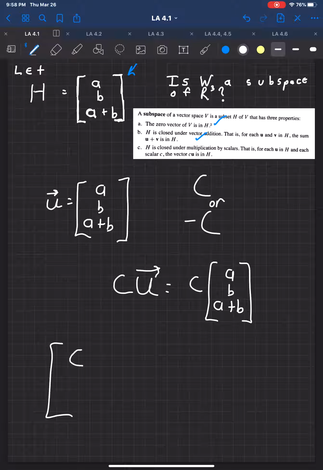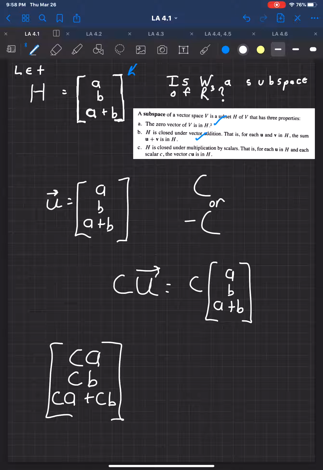So c times a, c times b, and then we have c times a plus c times b. That is the scaled version of vector u. And now the question is, can I show that whatever is inside here must also be in H?